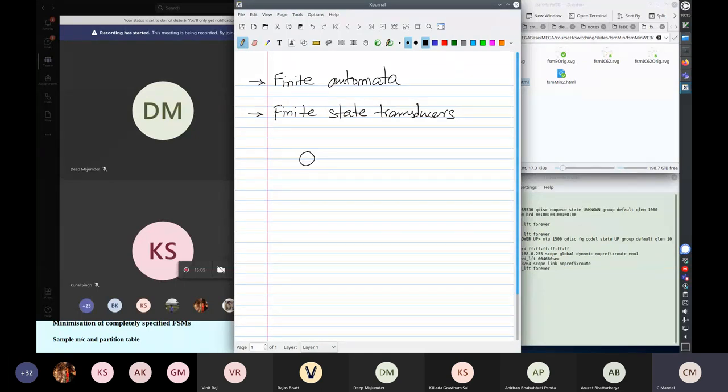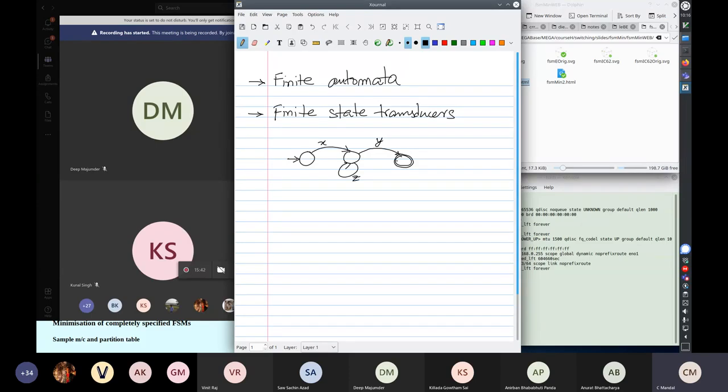You have an initial state, and then you have a transition on X, some transition on Y, and then you might have some looping and all that, and you have a final state.